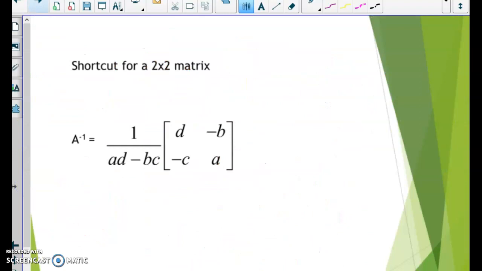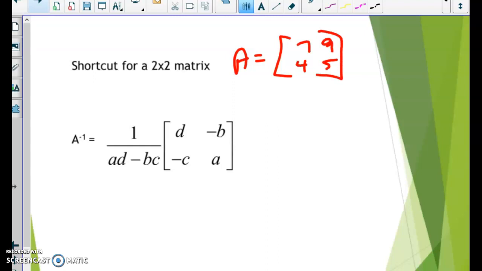A shortcut for 2 by 2 matrices is to follow this formula. We take 1 over AD minus BC times D, negative B, negative C, A. Well, just for the fun of it, let's put in some matrices, 7, 9, 4, 5.